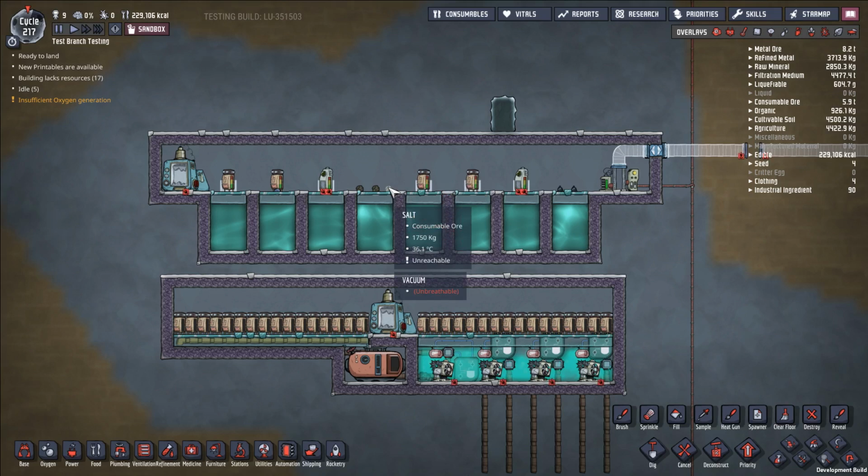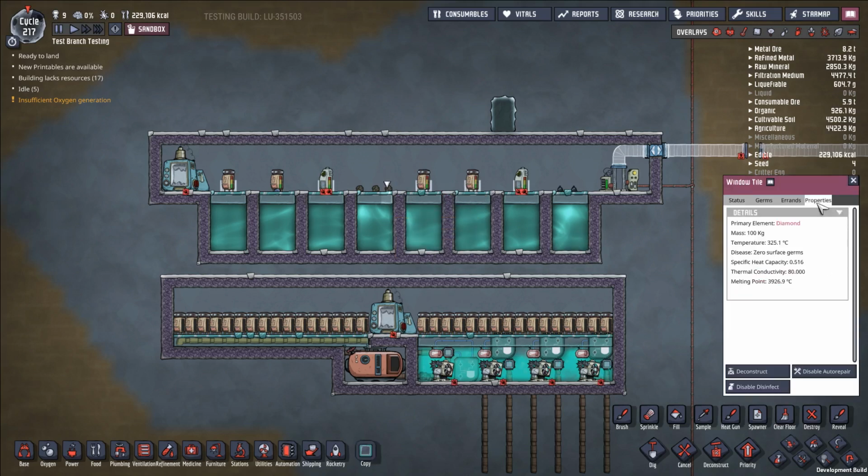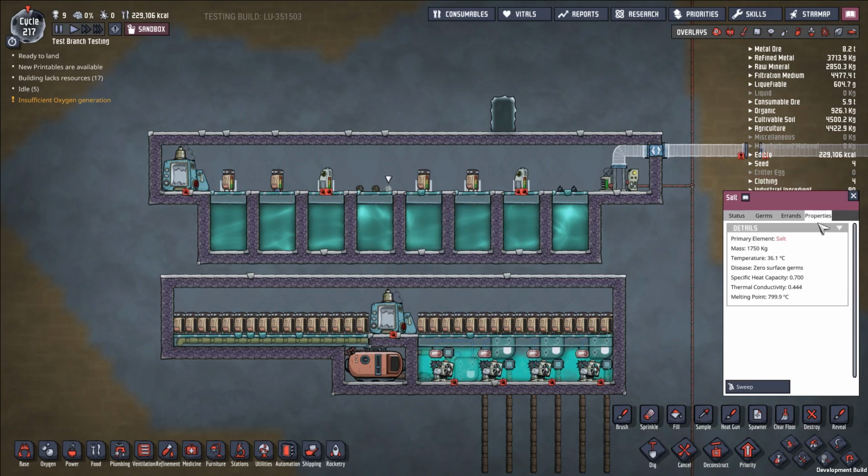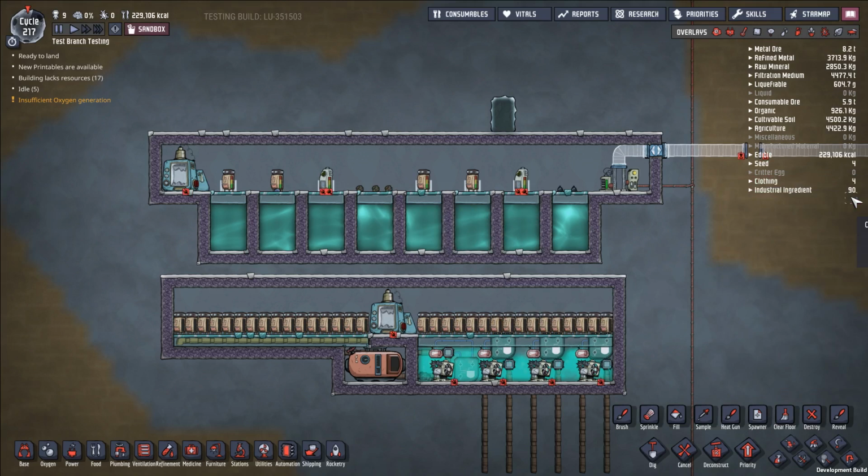What is the heat flux between this salt and this window tile? Well, I know what the thermal conductivity of the window tile is, I know what the thermal conductivity of the salt is, and so I can just calculate exactly how many DTUs per second are going to flow from this heated window tile into this salt, if I know the difference in temperatures between the two.